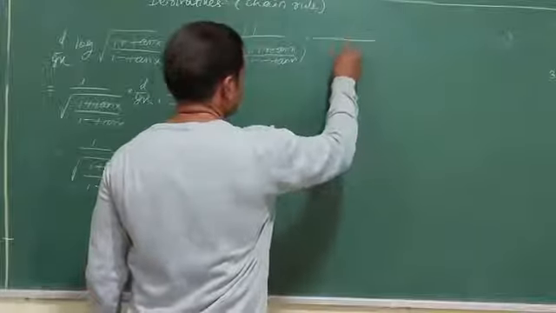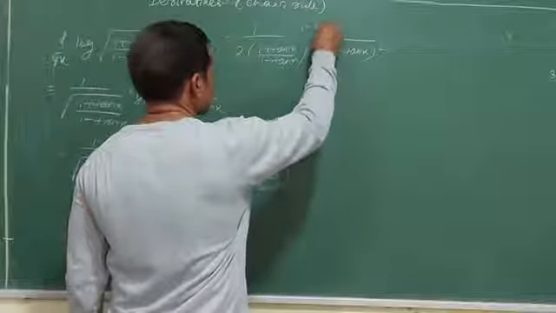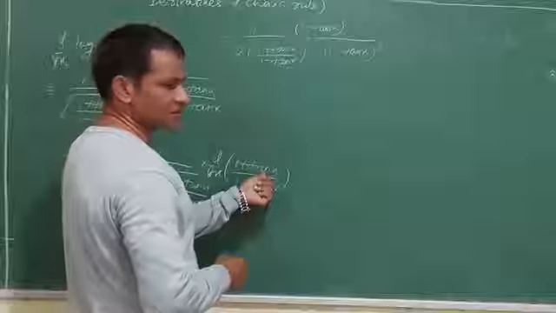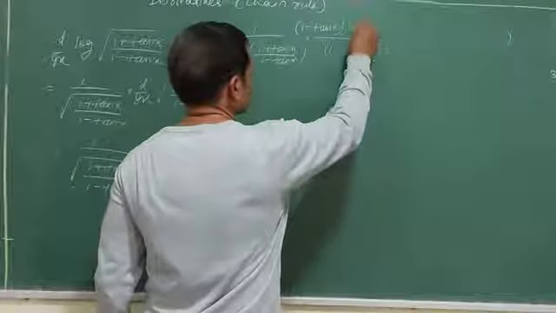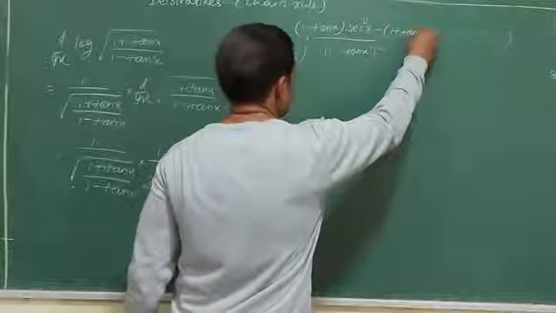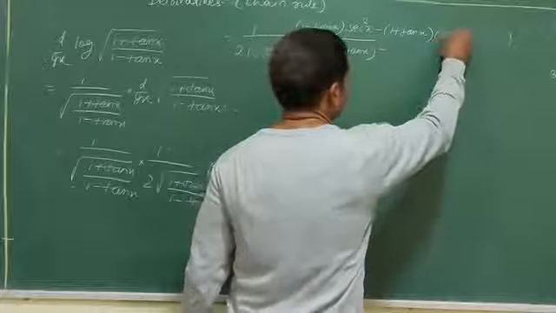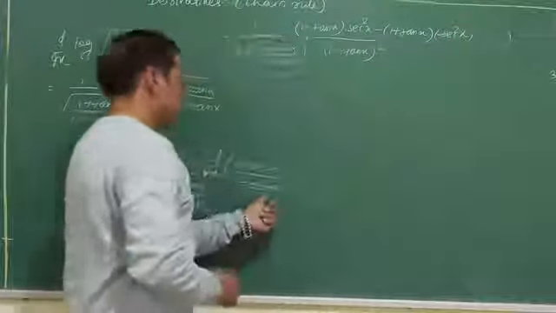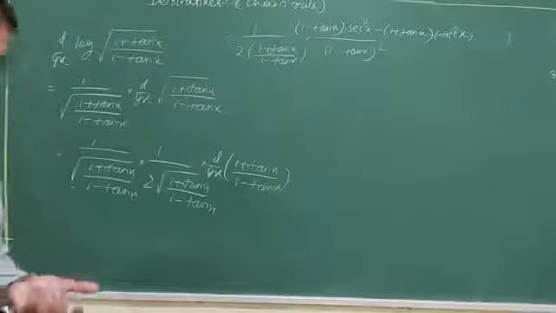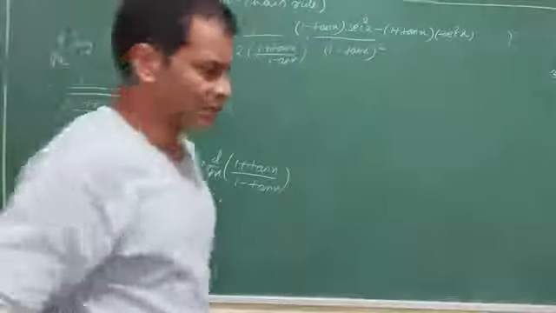Denominator whole square, 1 minus tan x into derivative of numerator, 1 derivative 0, tan x derivative sec square x, minus (1 plus tan x) numerator into derivative of denominator, minus sec square x, because this derivative 0, tan x sec square x. Is it a correct process? The process is correct, but it is too lengthy. Why? Let me tell you.